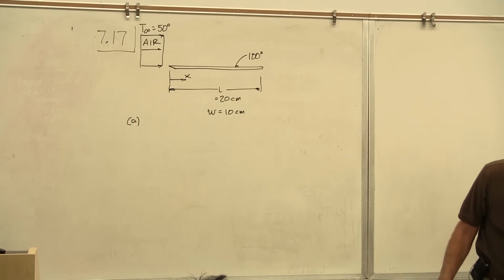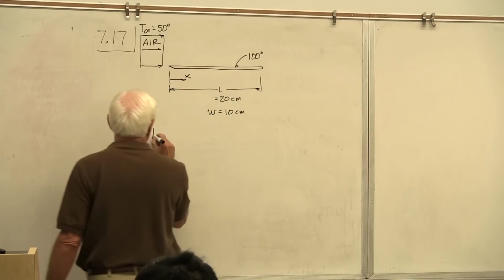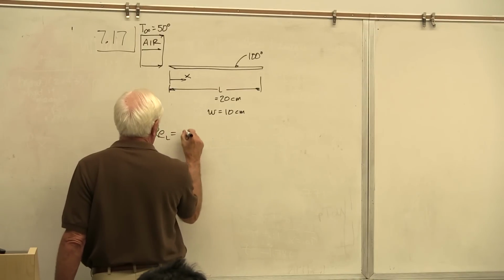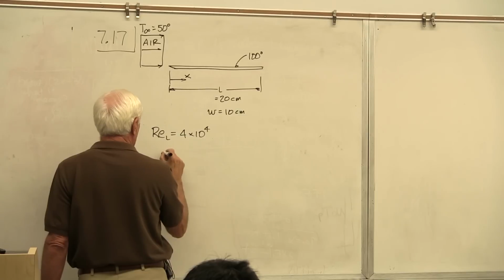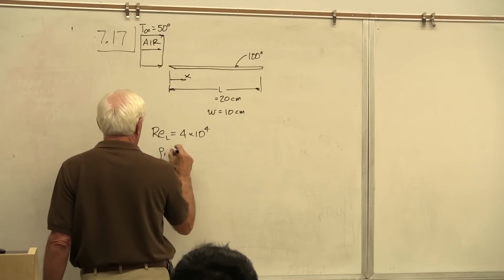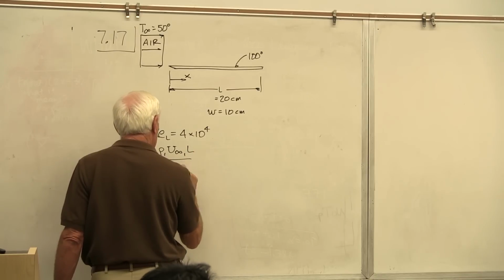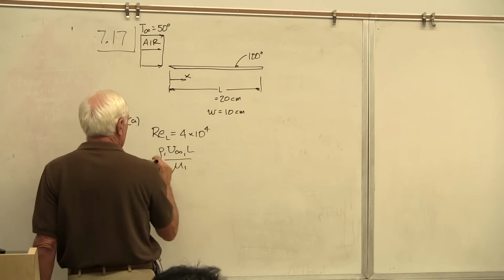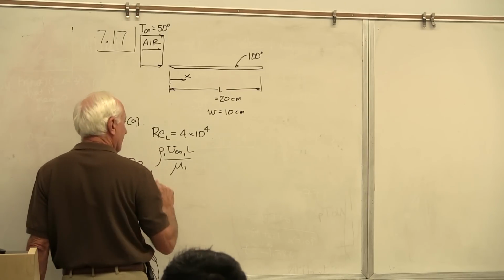The Reynolds number based on the plate length is 4 times 10 to the 4th. Reynolds number is rho u infinity 1 L over mu 1. Call it Reynolds number 1.